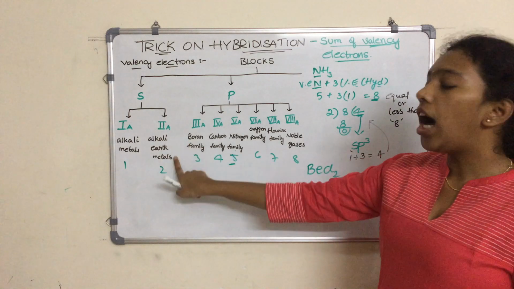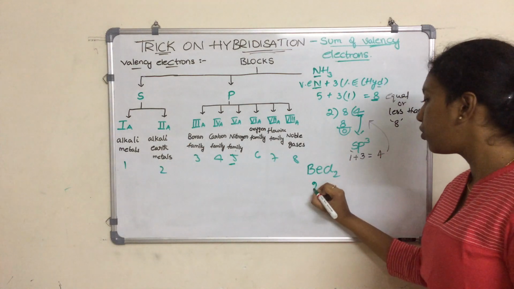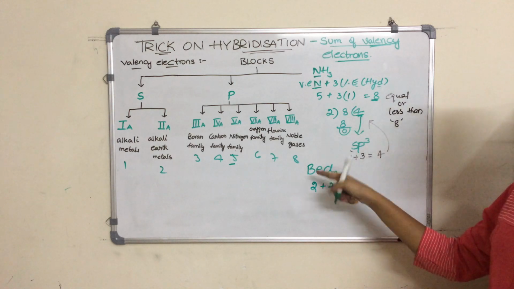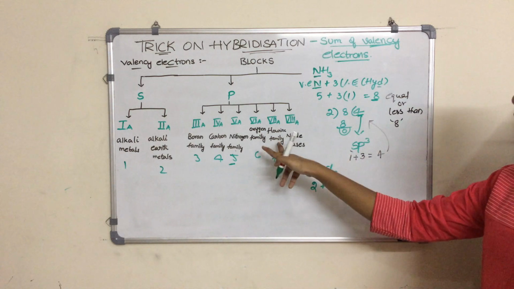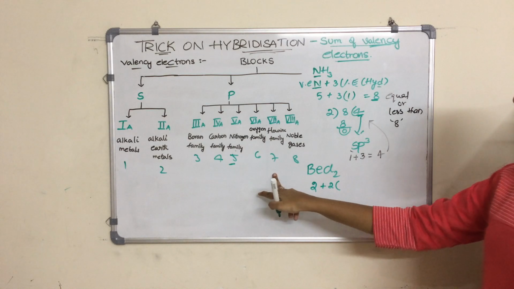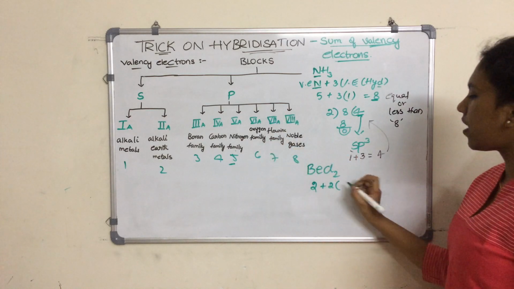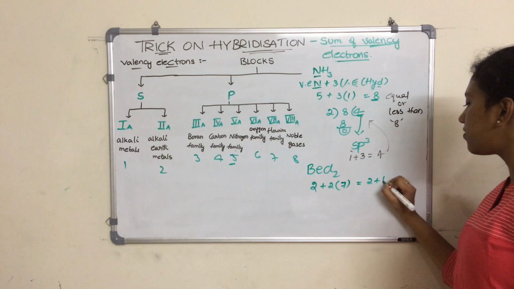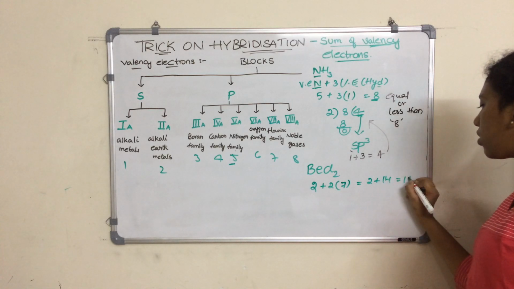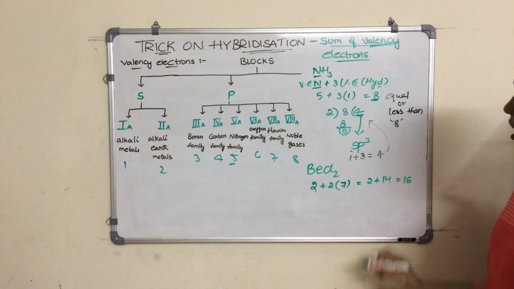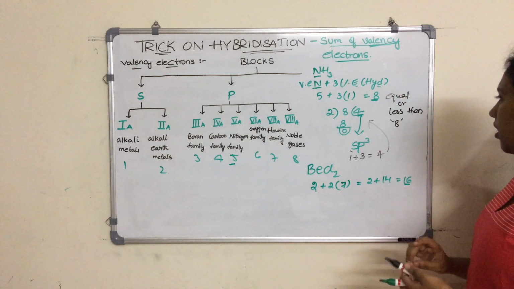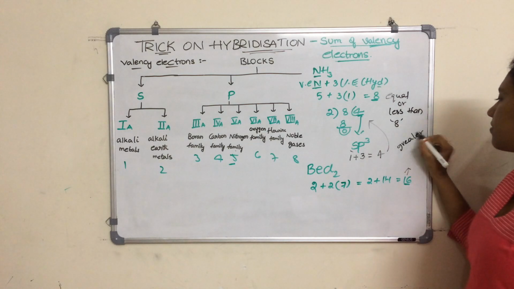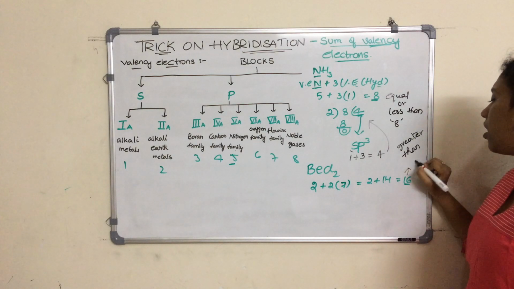Okay, now let's do another example, BeCl2. Be is an alkaline earth metal, 2, plus 2 times chlorine, which is in group 7. So 2 plus 14 equals 16.